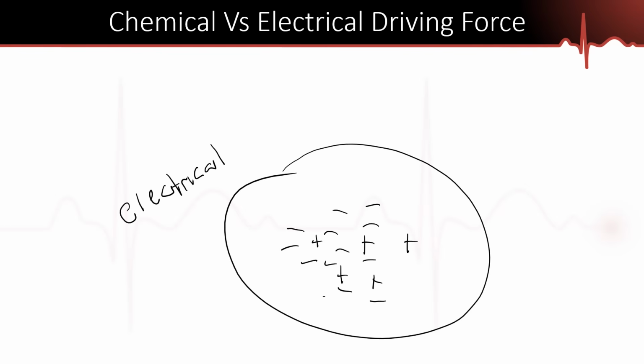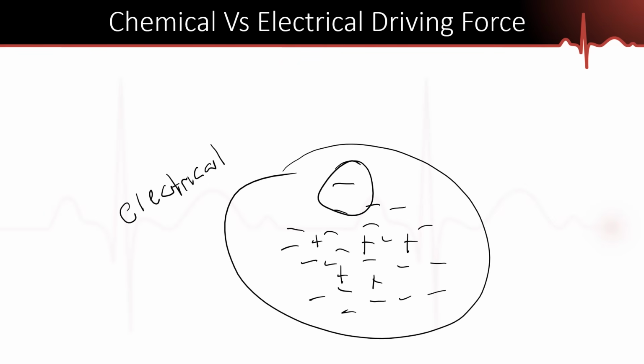Those ions are going to be a combination of both atoms and molecules that have a negative charge and a positive charge. But overall, there's going to be a higher concentration of negatively charged ions than positively charged ions, and thus the inside of the cell is going to have a negative charge to it.